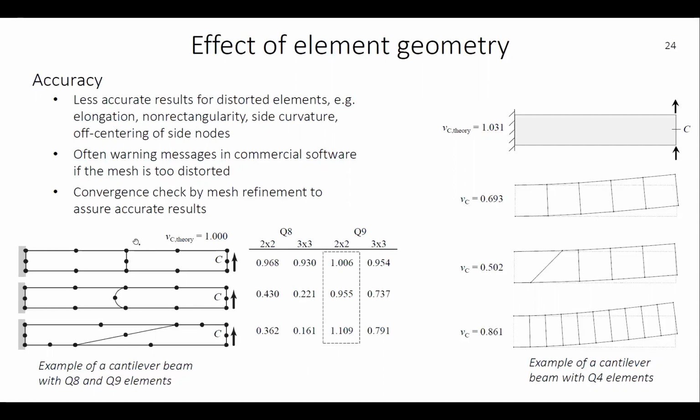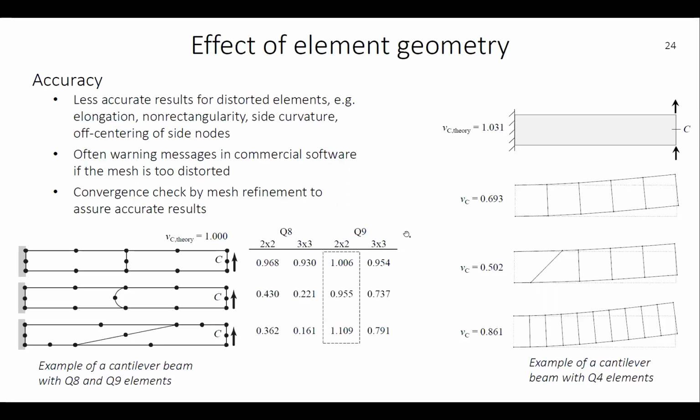If you look at the first one, where we have two rectangular elements, but they are elongated like such, we have fairly good results for all solutions. The Q9 with reduced integration is actually the best one in this case.